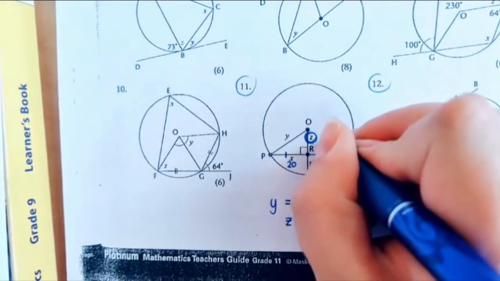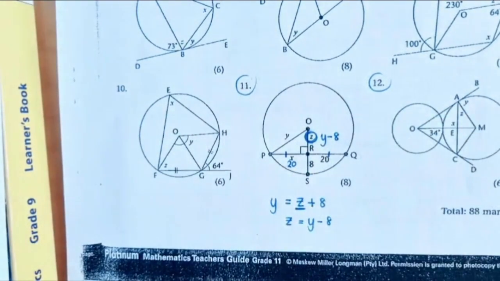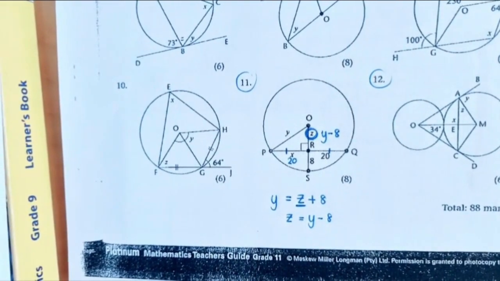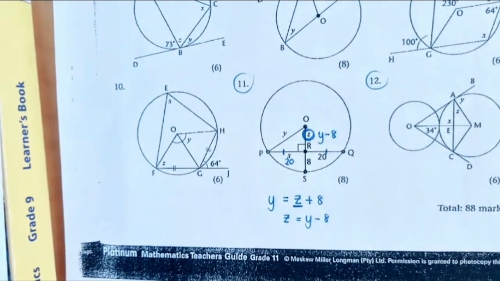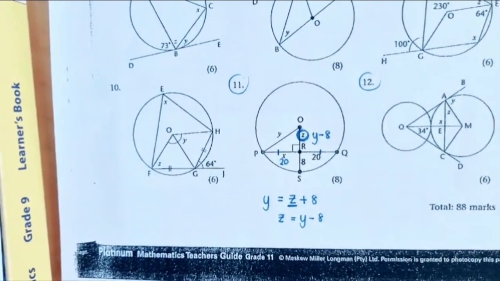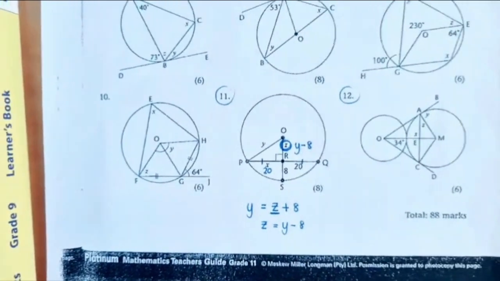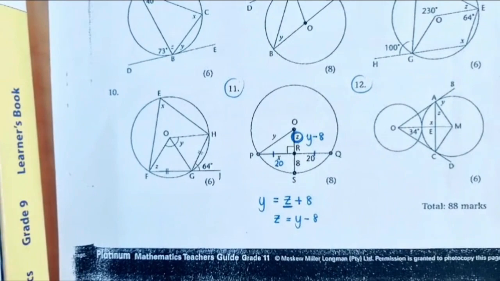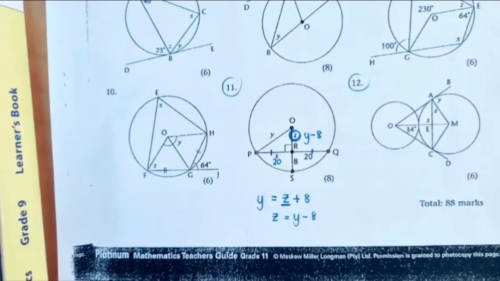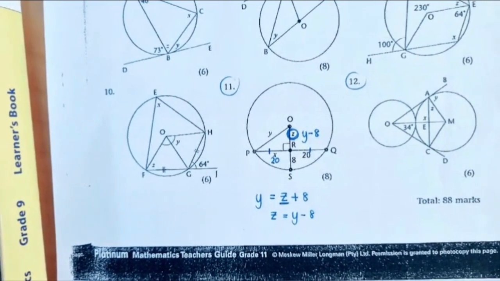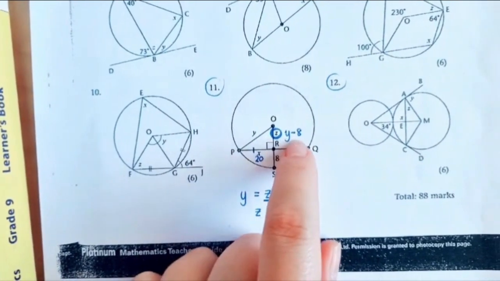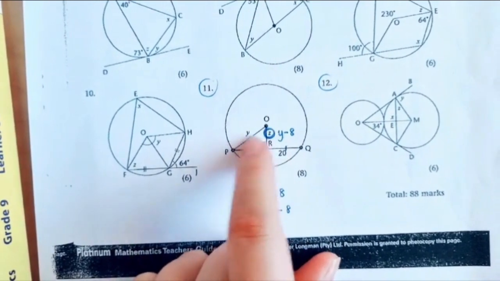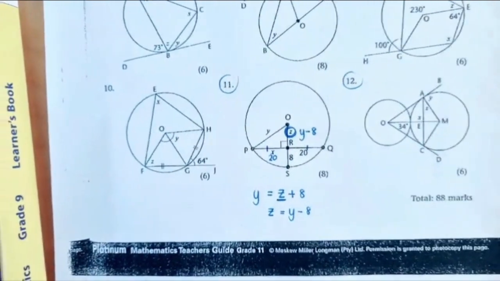So that's tricky, guys. That is something that's quite difficult to do. I'm just going to repeat. The reason why I'm doing that is because I have to work with Pythagoras in that right angle triangle OPR in order to find y. But I can't find the length of y if I have a y and a z in my working. I can't do that. So I need to somehow express z in terms of y, so that when I set up an equation using Pythagoras in this triangle, I only have y's.